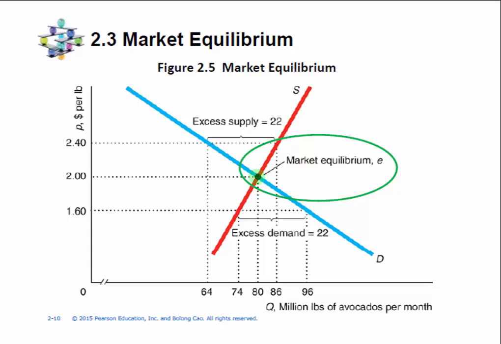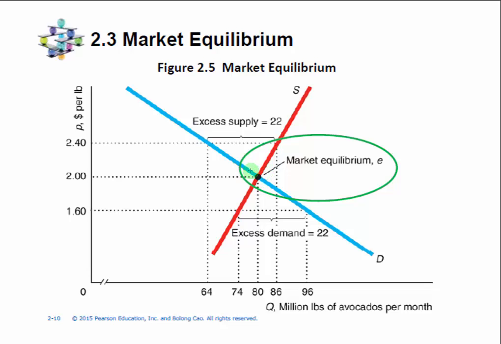If the quantity demanded is equal to quantity supplied, we have the so-called market equilibrium. And in this picture, we have the market equilibrium price at $2, and at that price, the quantity supplied equal to quantity demanded is 80 million pounds per month.